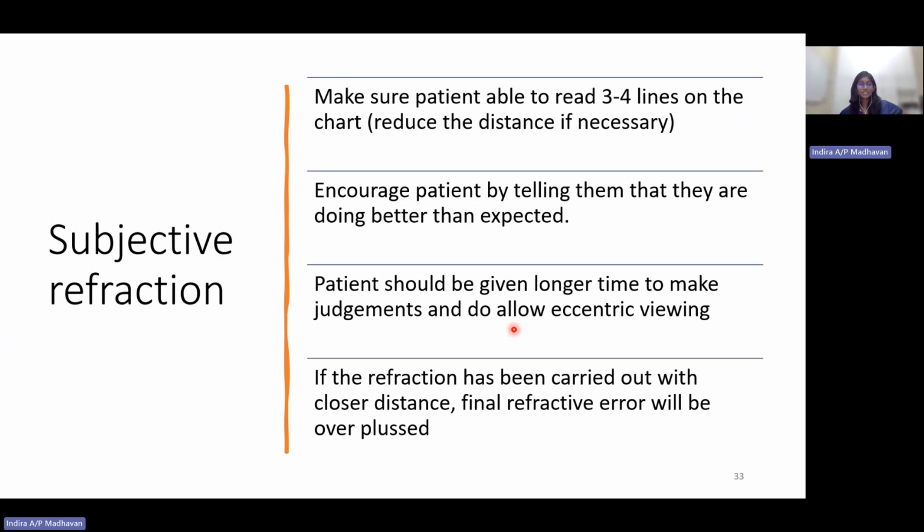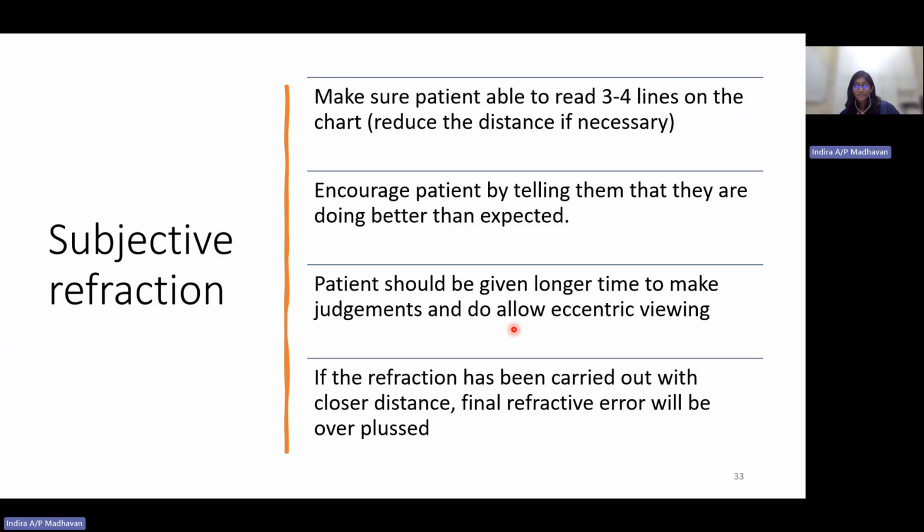And then if the refraction has been carried out at a closer distance, the final refractive error will be over plus. So what happens is, if the patient's power after refraction at 2 meter is -2, the final refractive error may become about -1.50.